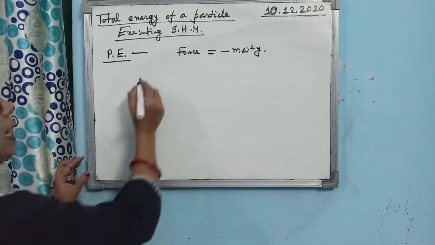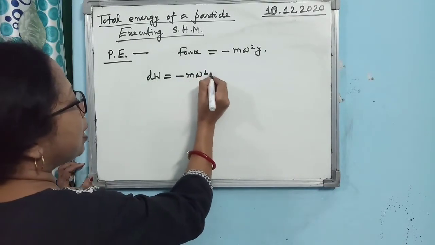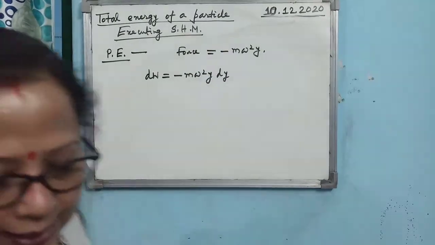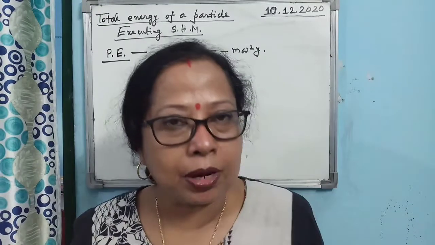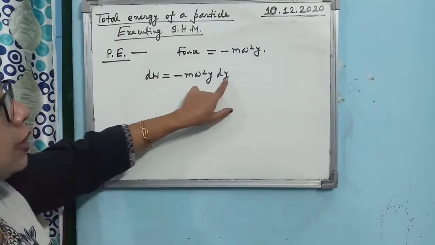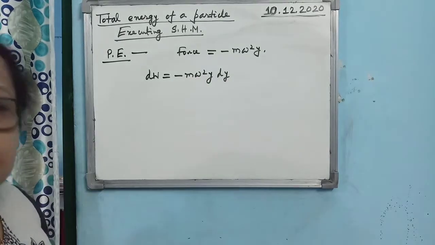So if the particle is displaced by a small amount dy, then what will be the work done? It will be force into displacement, given by minus m omega square y dy.